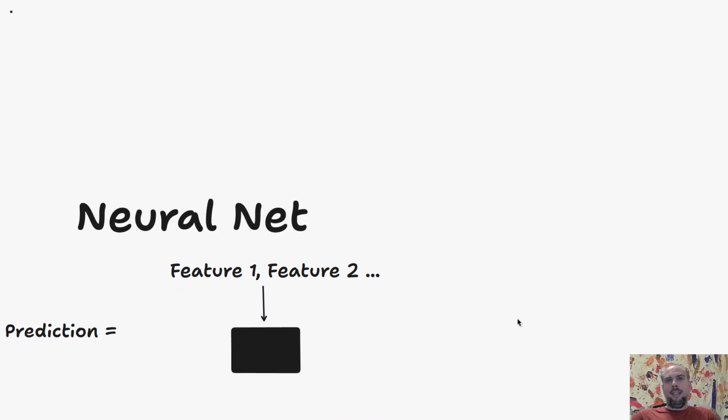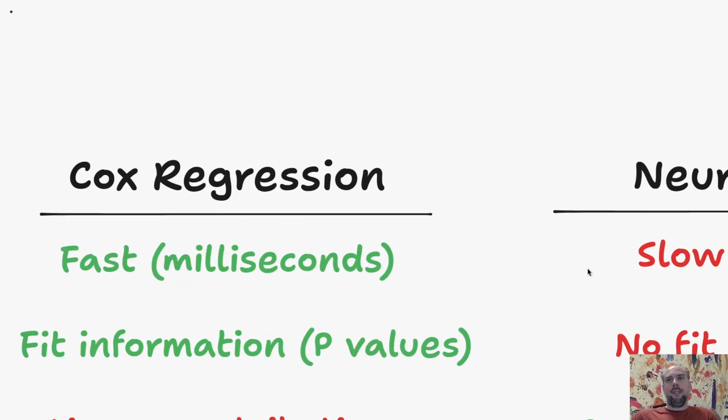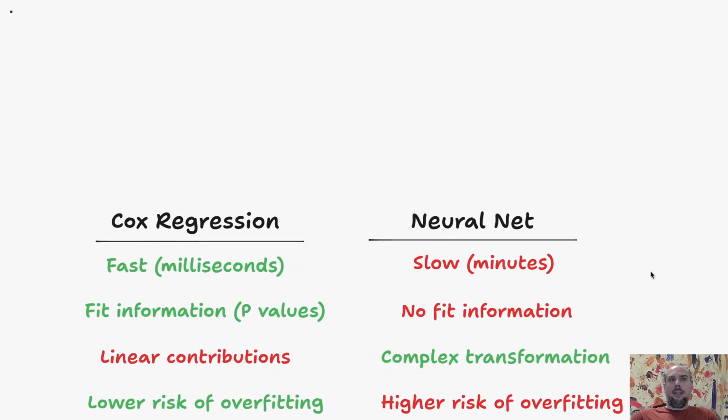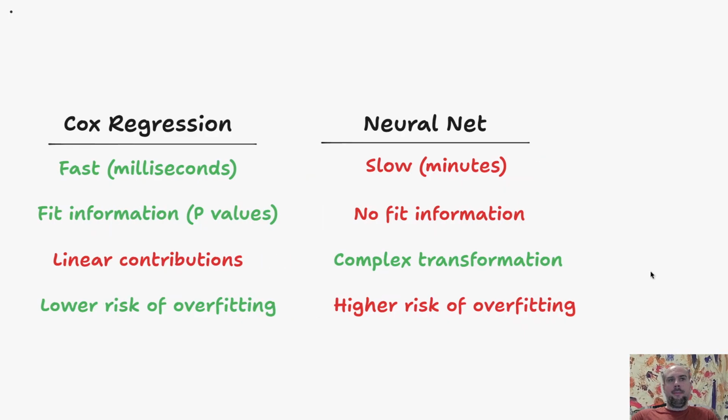The issue is that you don't really know what the neural net does. So let's see the differences between these two approaches. The Cox regression is going to be much faster, and you're also going to gain some extra information at the end of training. Lifelines will, for example, give you p-values for each feature, which you won't get for the neural net.